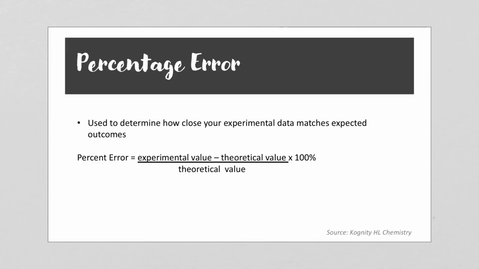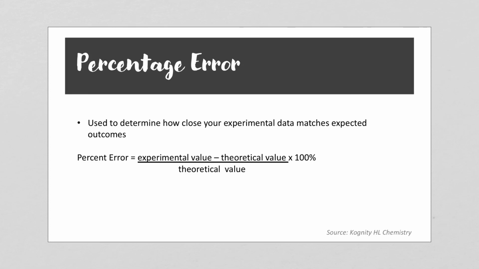So usually when we're doing an investigation, we have an expected outcome that we are looking for. Whether that's through stoichiometry, where we've figured out the mass of product that is expected by calculating the yield that we should get, or it could be through comparing to a result or a known value in literature.